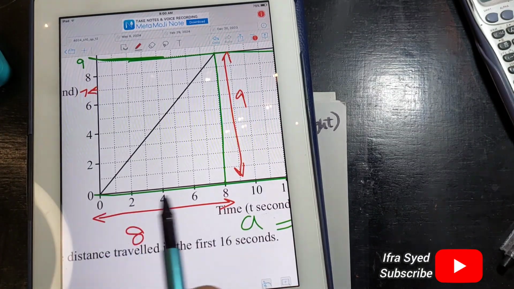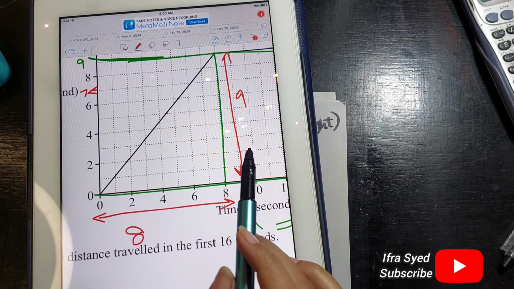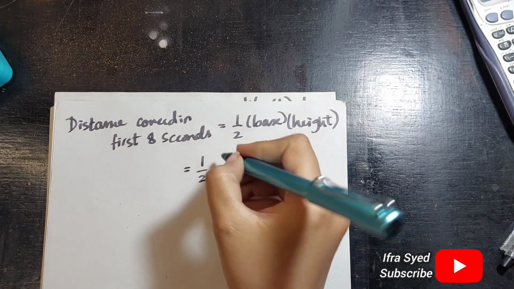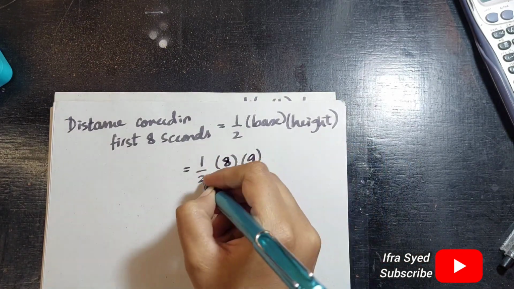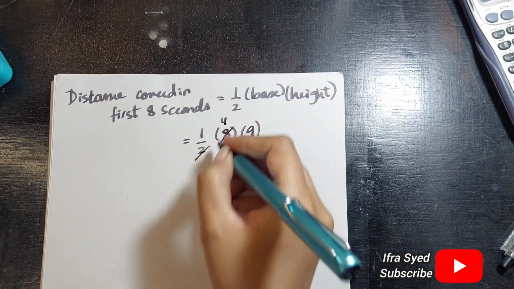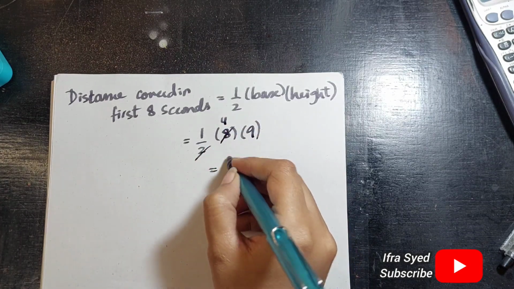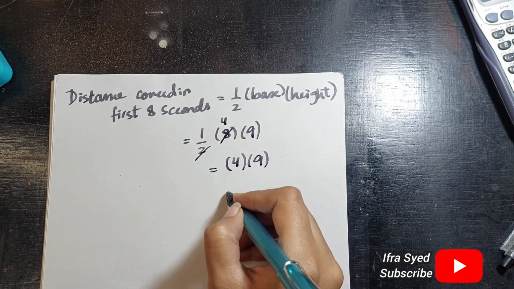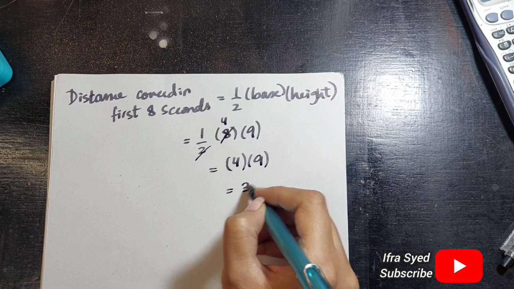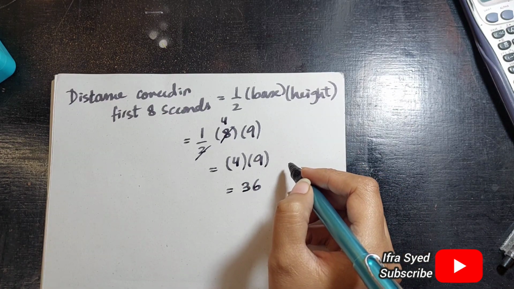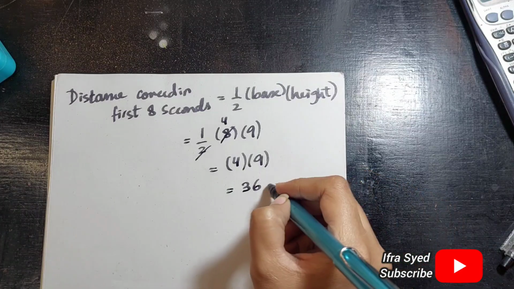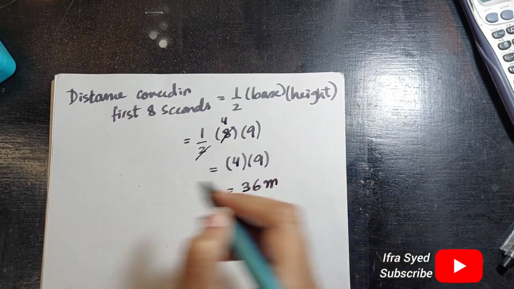And as you see, the base is 8 and the height is 9. So I'm writing 8 in place of base and 9 in place of height. 2 into 4 is equal to 8, so 4 into 9, and 4 into 9 is equal to 36. So this is our distance covered in the first 8 seconds, which is equal to 36 meters.